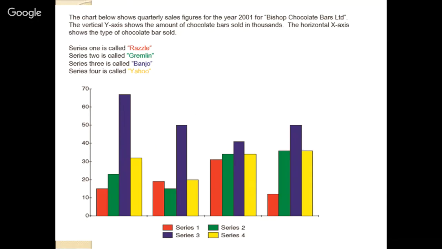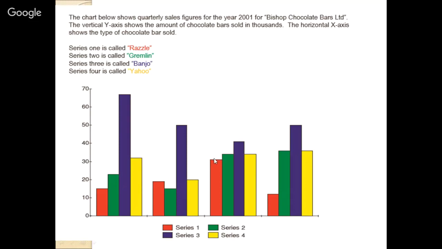And the second quarter looks like 20. Does that look like 20 or 19? Okay, so I'll change it to 19, right?